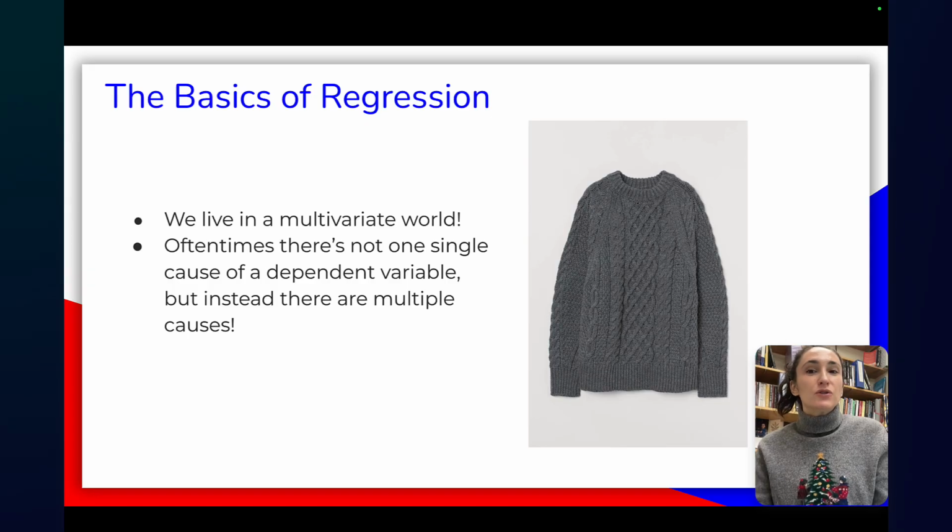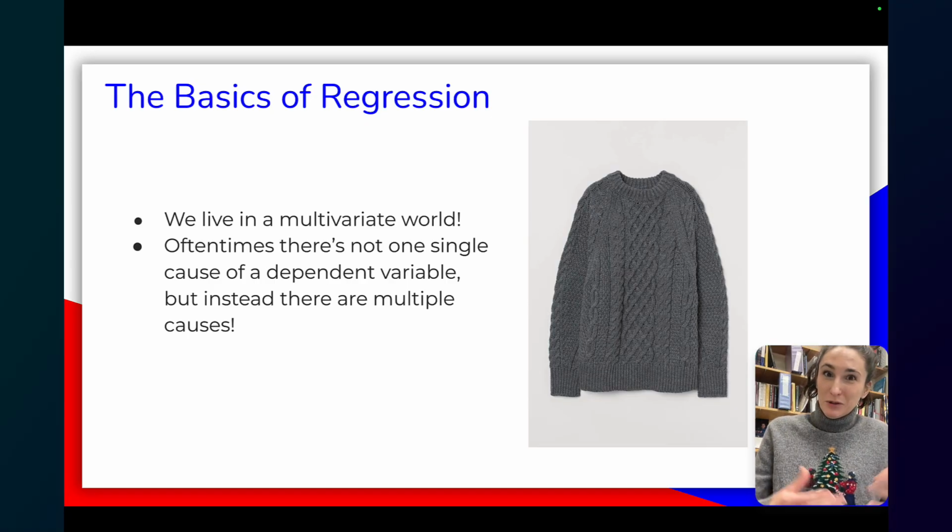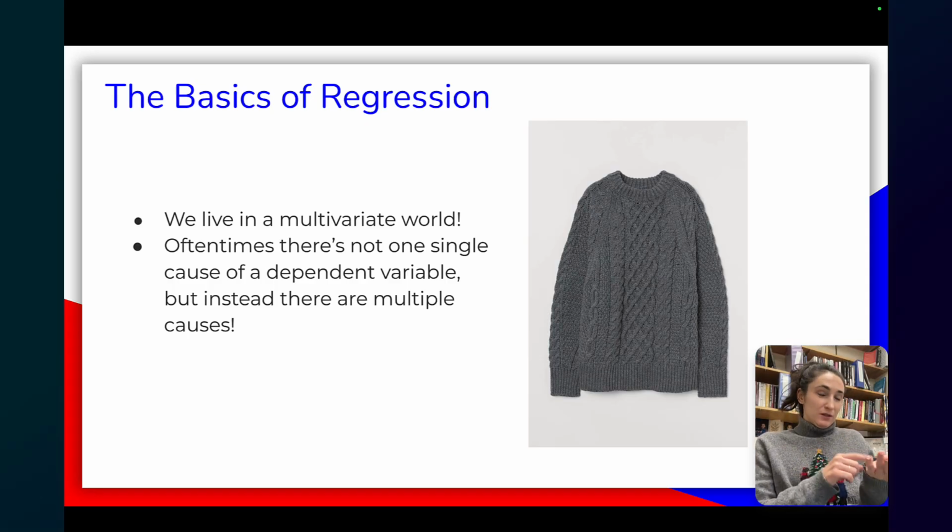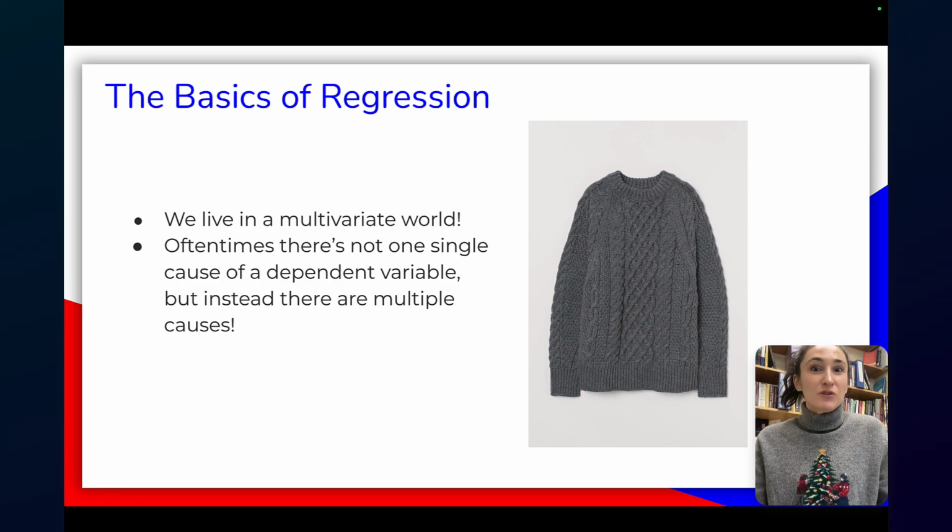You didn't just choose that sweater because it was cold outside. You chose that sweater maybe because it was clean. Maybe because, in this case, this is a Christmas sweater since we're in the month of December. I chose it because it was clean, warm, festive, and also maybe it's soft.